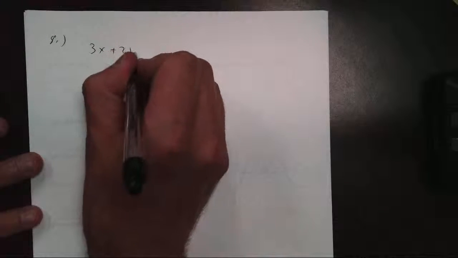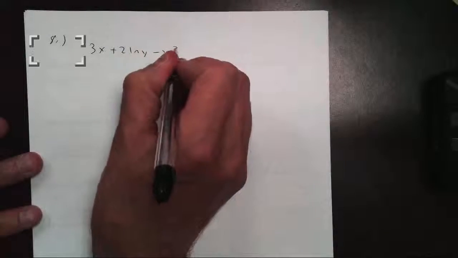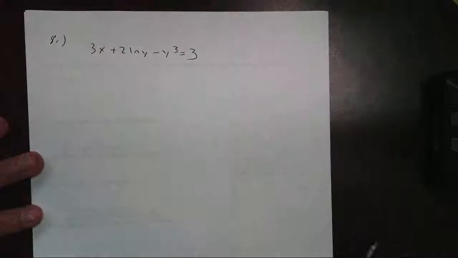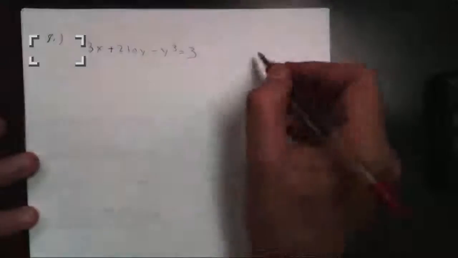Let's take a look here at number 8. What about implicit differentiation? We always have to worry about those. So in implicit differentiation, what if we have something like, I don't know, let's make this one up: 3x plus 2 natural log of y minus y cubed equals 3. This is our implicit.